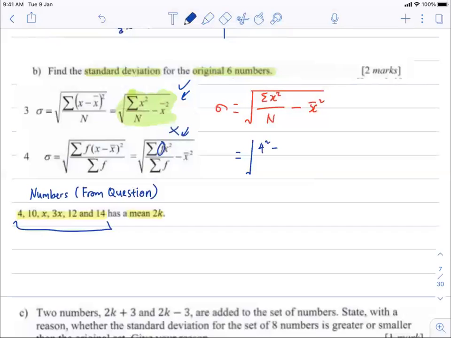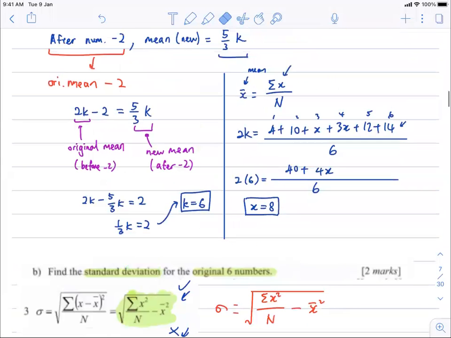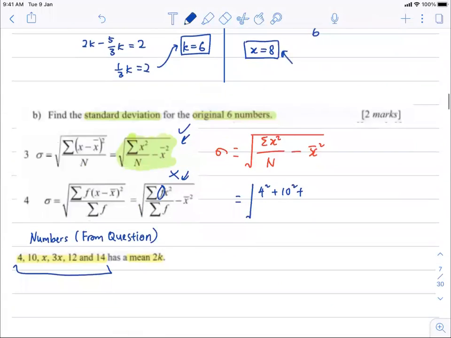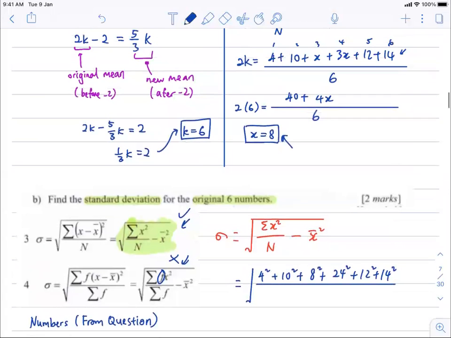So 4 squared plus 10 squared plus x, which is 8, and 24, so 8 squared plus 24 squared plus 12 squared plus 14 squared, divide by n, which is 6.